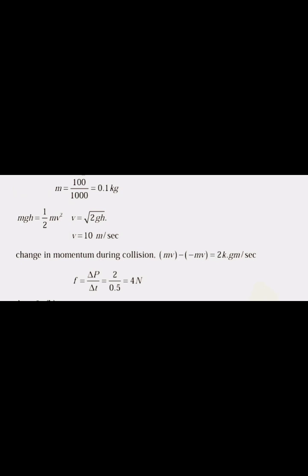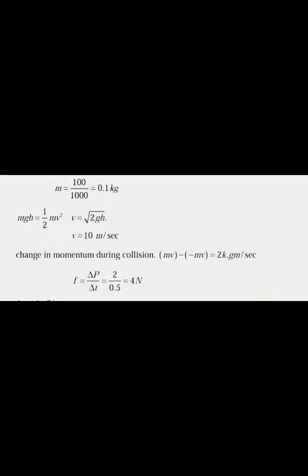Then the change in momentum during this collision: we know that the ball is bouncing, so in each bounce the ball is moving in the opposite direction. Either it moves up or it moves down. So the initial momentum and the final momentum direction are opposite.